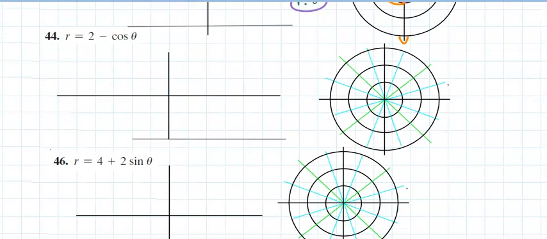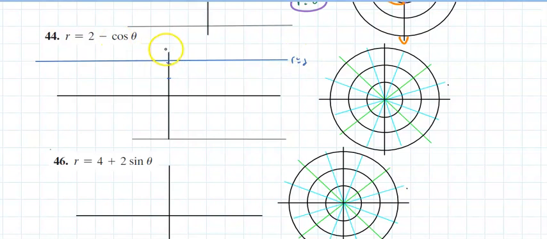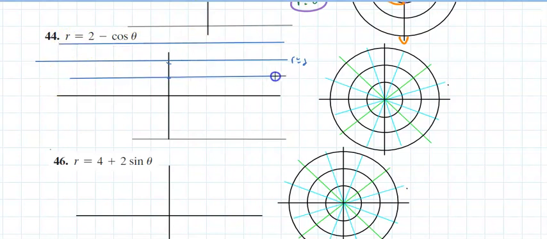Now, if I look at problem number 44, r equals 2. I would move a unit above it and a unit below it. A unit above it will be 3 and a unit below it will be 1.